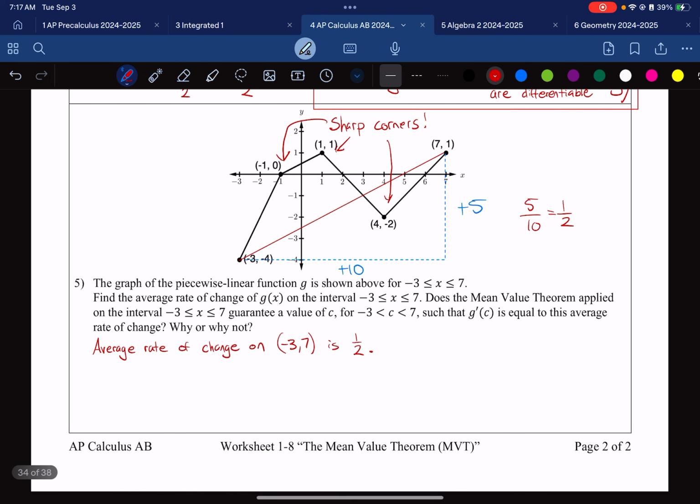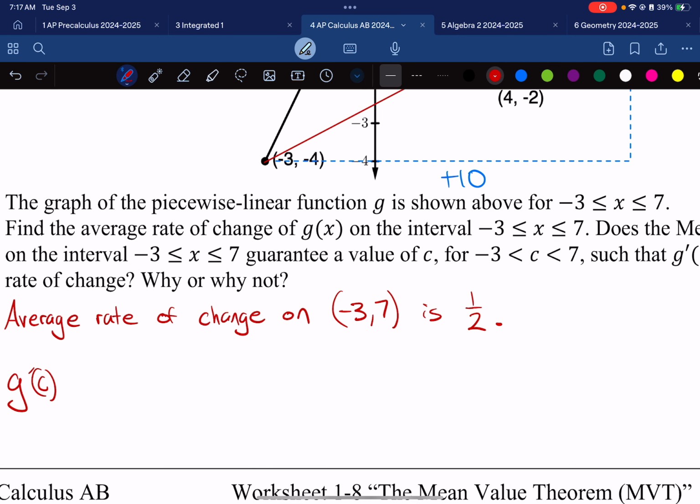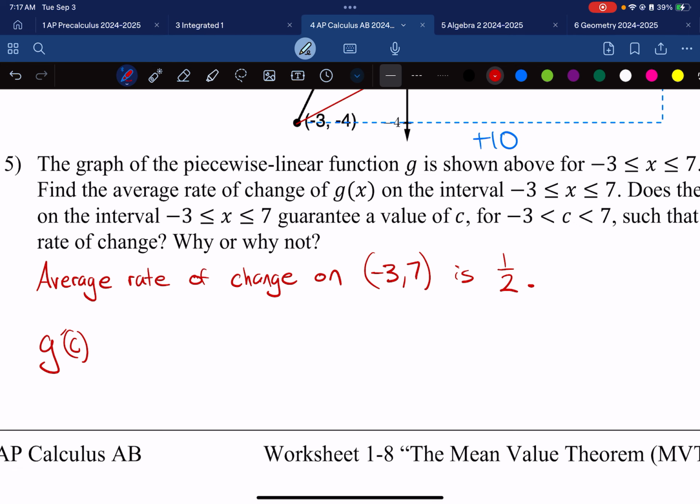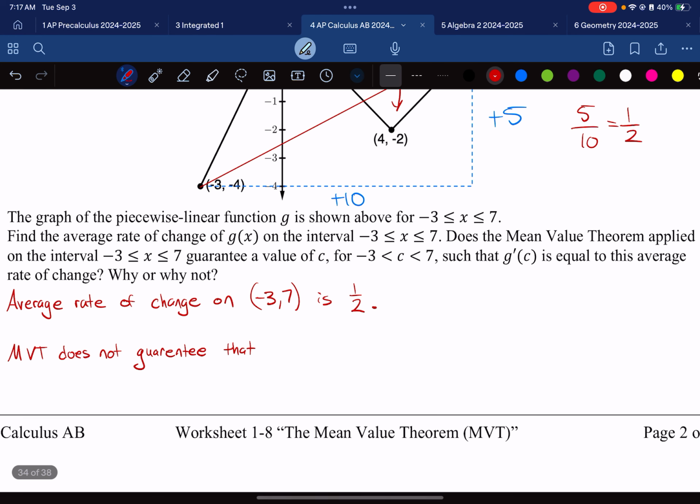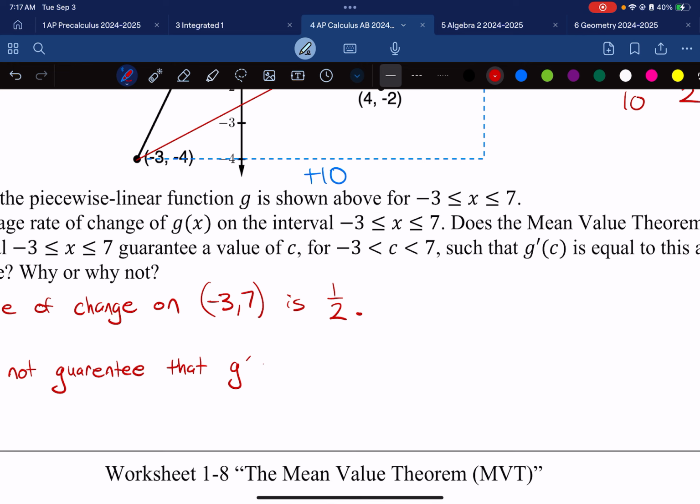So this is what it's really looking for. I want to say it's really talking about mean value theorem. Mean value theorem does not guarantee that, are we talking about F? What's our graph? It's G. That G prime of C equals the average rate of change.